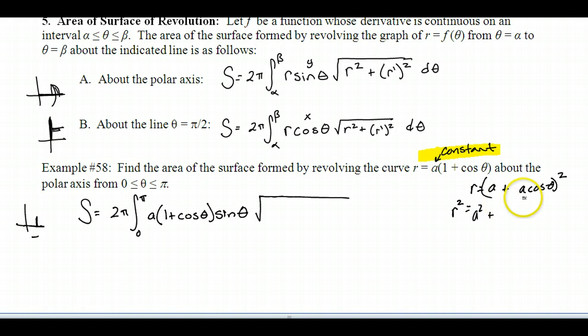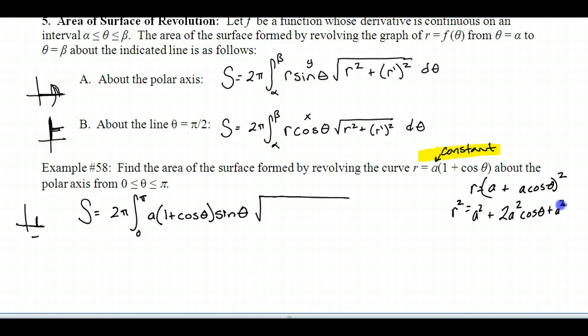This will end up being a times a would be a squared. So another one would give us 2a squared cosine theta. Took me a while to think of that.